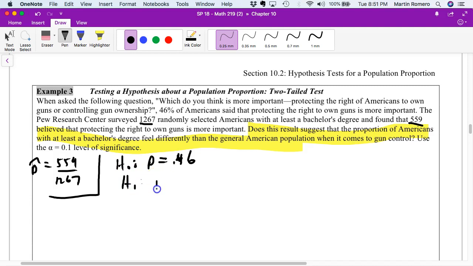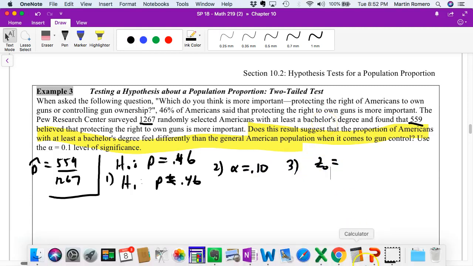The alternative is, does this result suggest the proportion of Americans with a bachelor's degree feel differently? In this case, feel differently means not equal to 0.46, which is a two-tailed test. That's step number 1. Step number 2, at what alpha level? We're going to use alpha equals 0.10. Step number 3, we have to get the test statistic and p-value.